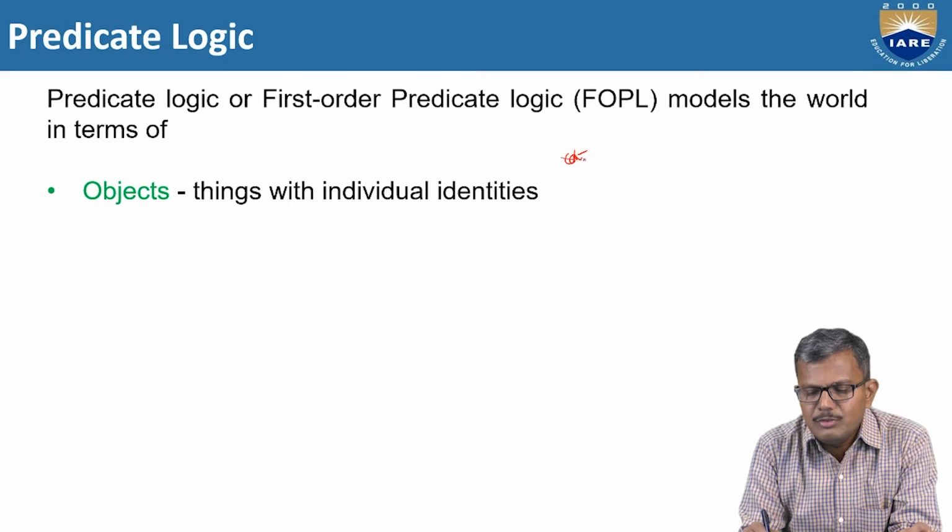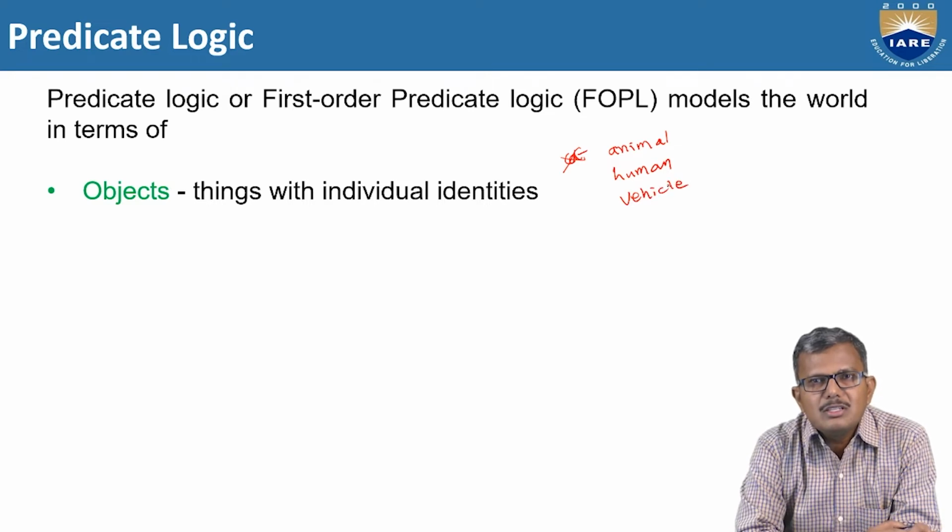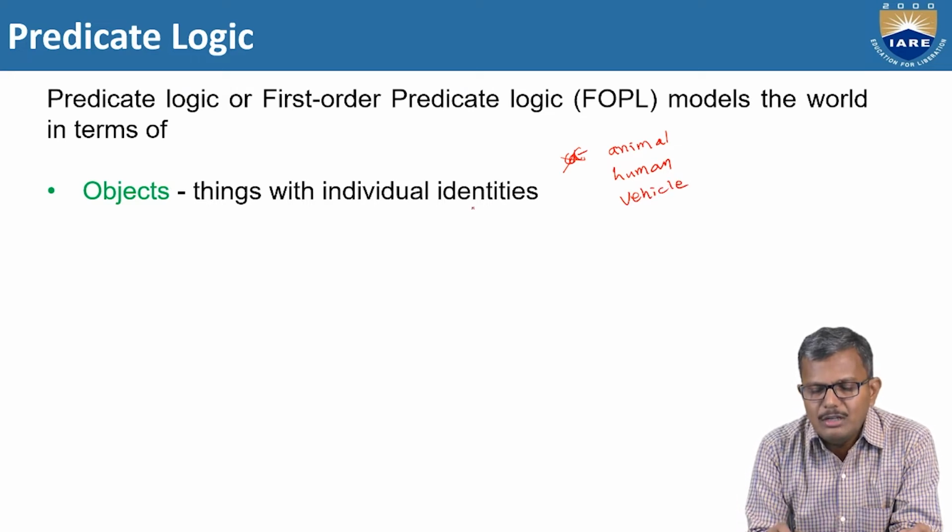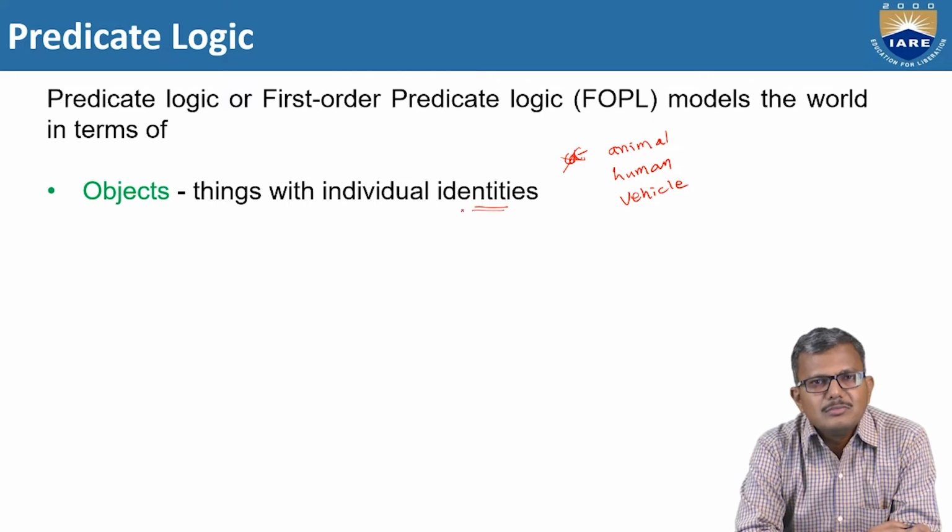Or, if you want to be more general, animal is one object, human is one object, vehicle is one object. Why am I calling these objects? Because they have their own individual identities, or their own properties, which differentiate one object from another.